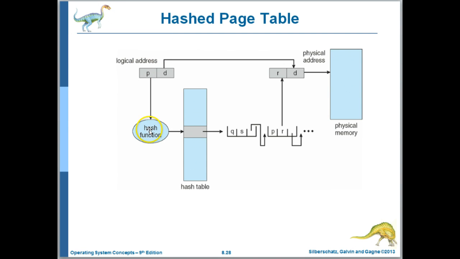Take a page number, hash it, use the hash value as an index into a hash table, select the appropriate entry, and then linearly search through a list looking for a matching entry. Take the frame number, and we have the physical address. Given the sparsity of most address spaces, this will be pretty efficient most of the time.